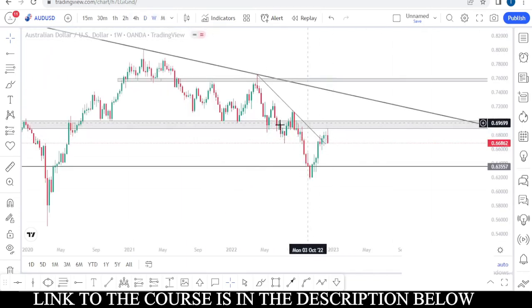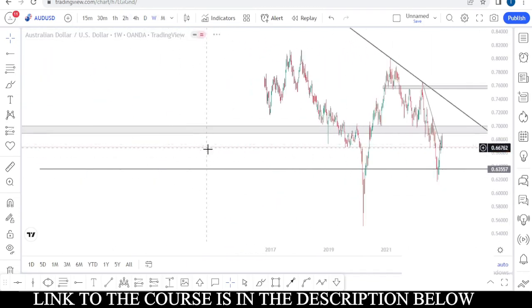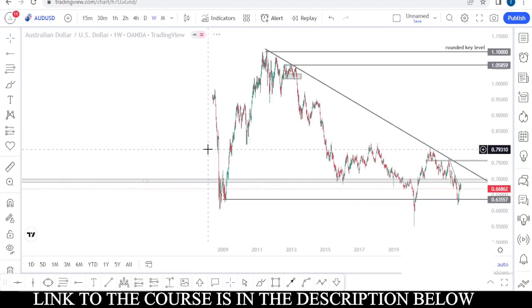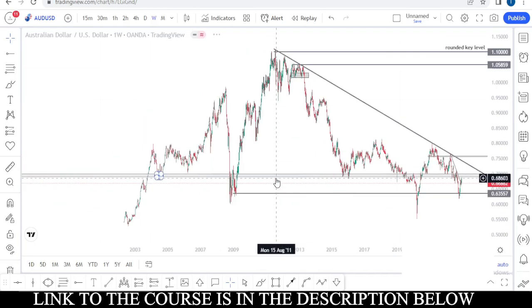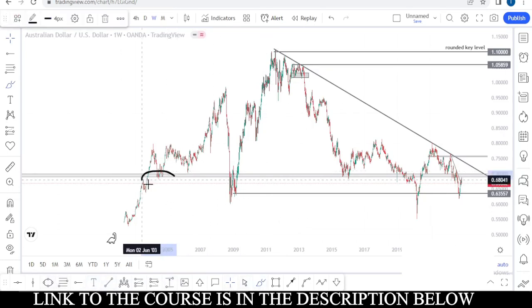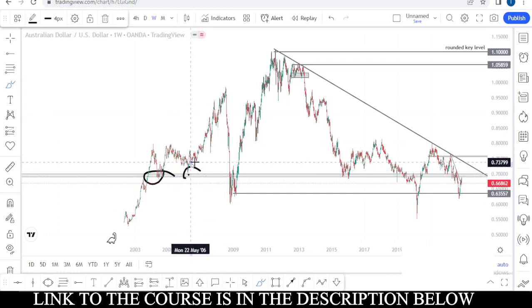On that weekly time frame, you see price is reacting to a weekly zone. If I zoom out, you can see price has tested that zone multiple times before. Let me pull up my marker and circle it out for you so that you can see it clearly. You can see price has reacted here before, here, right here, here, then this zone also.